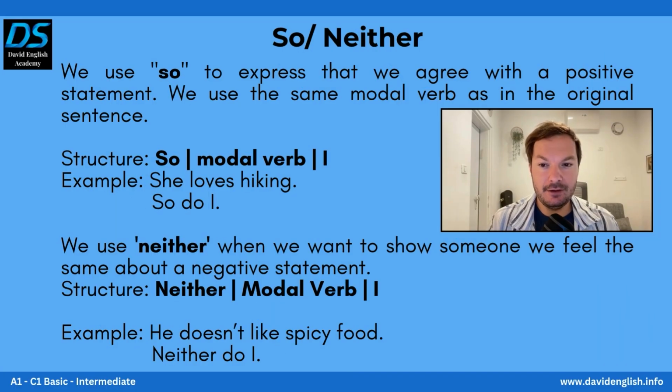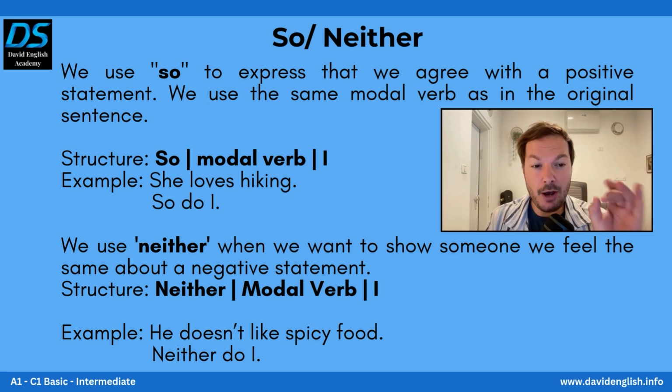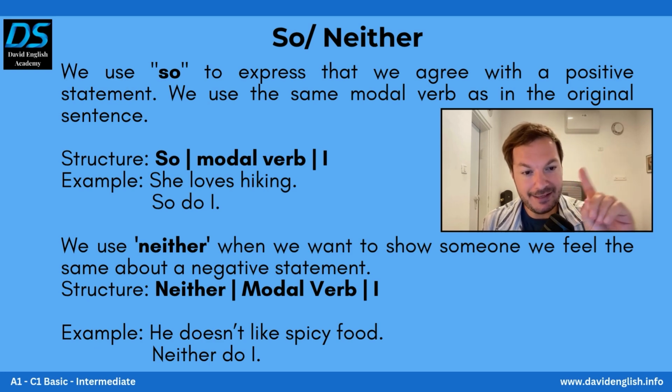So and neither. We use so to express that we agree with a positive statement. We use the same modal verb as in the original sentence. Pay close attention. Structure. It's so, the modal verb, and then I. Example, she loves hiking.